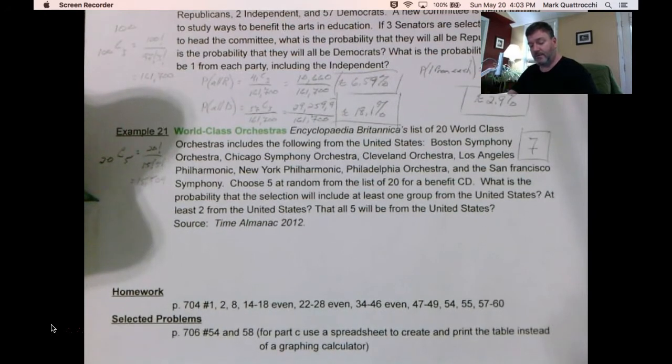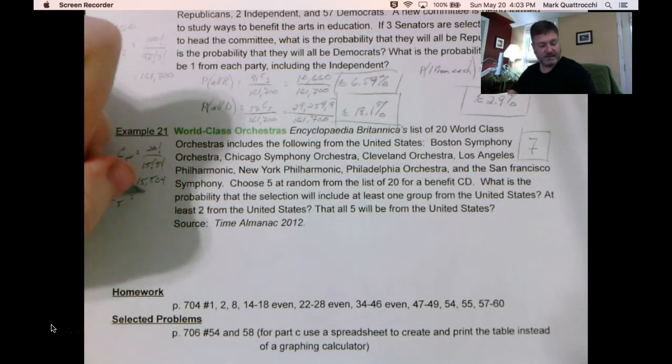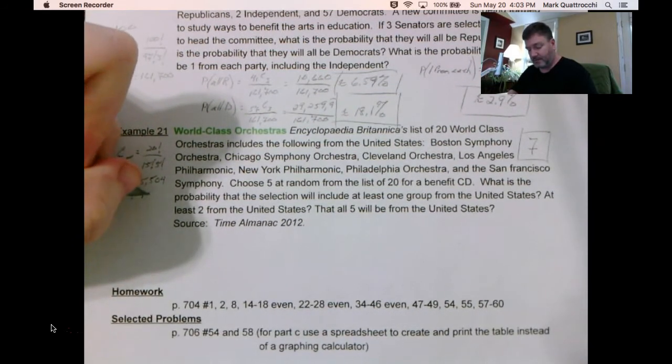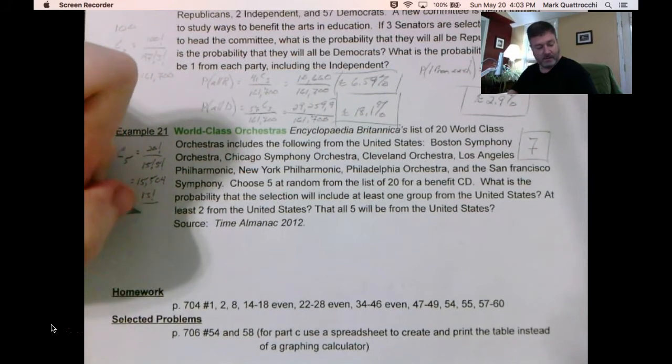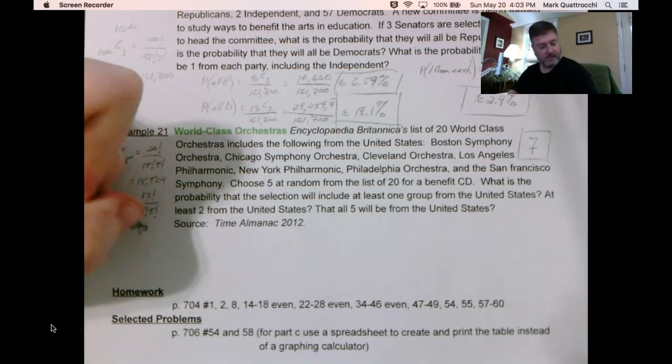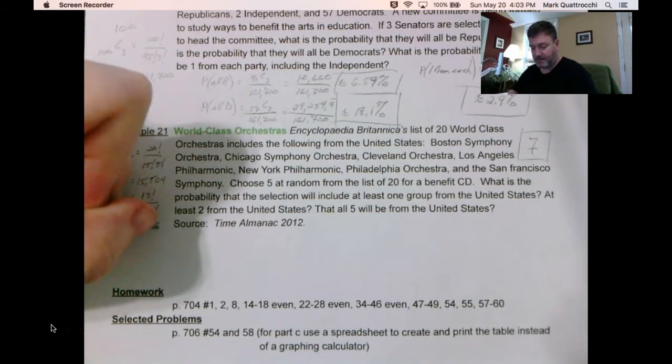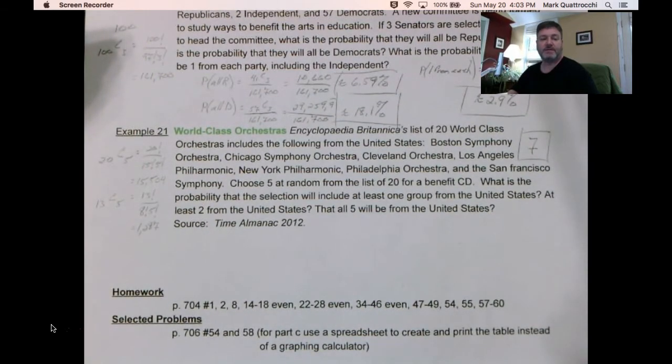So we have 13, choose all 5 from those 13 that aren't from the United States. So now we have 13 factorial over 8 factorial, 5 factorial, or 1,287 possible ways to choose nobody from the United States.